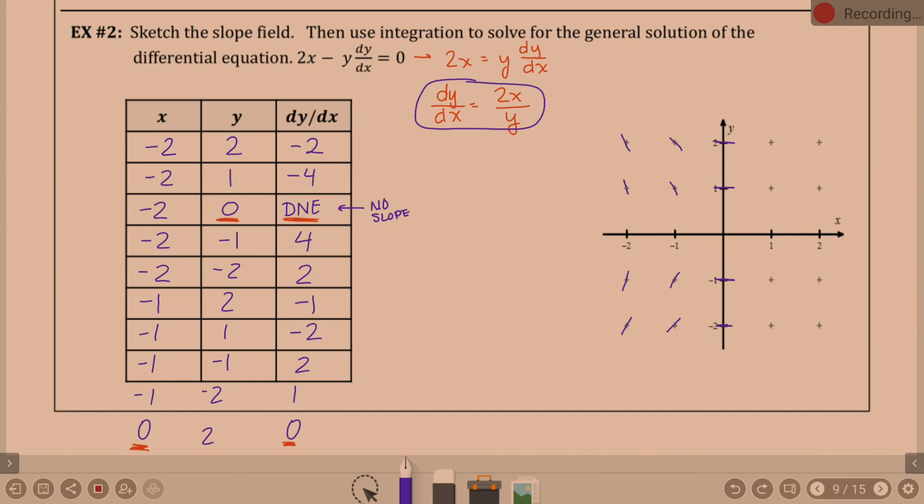Now, can you reverse over in the star quadrants? Easier said than done, I know. Okay, so what? 1, 2, is that going to be a positive 1? Then this is going to be a positive 2 here, right?